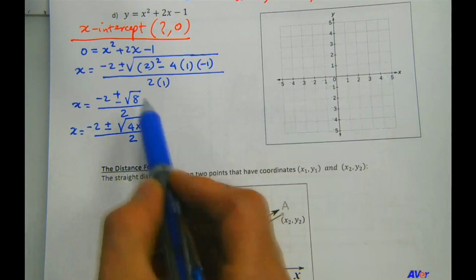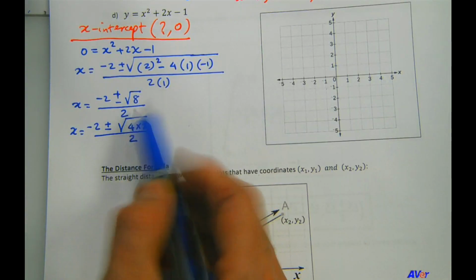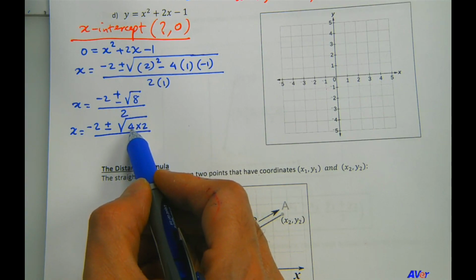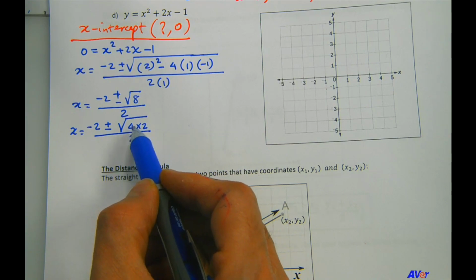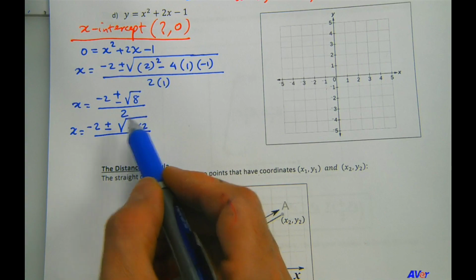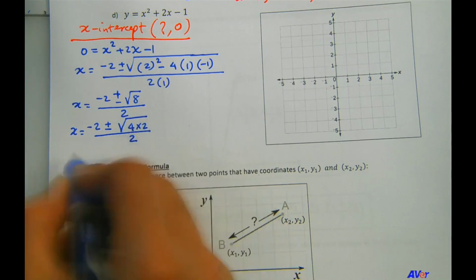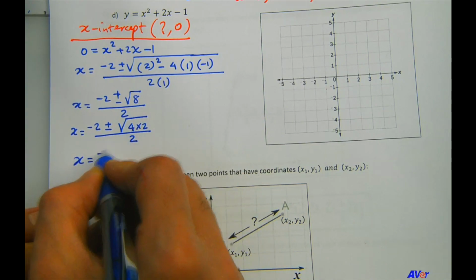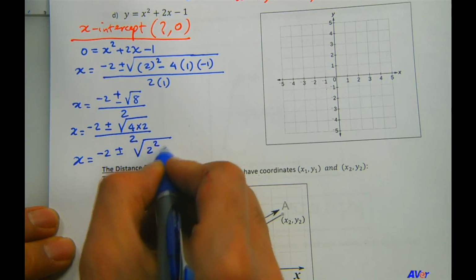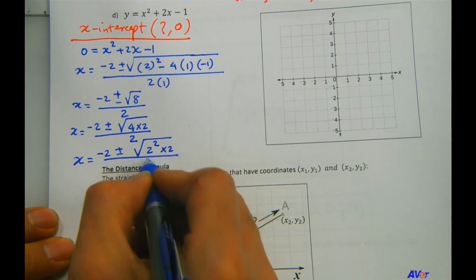So now I broke the 8 up into 2 pieces, one of which you know and I know, 4, which can be written as a perfect square. What is a perfect square? It's 2 squared. 4 is 2 squared. So let's write it: x equals minus 2 plus or minus the square root of 2 squared times 2, divided by 2.